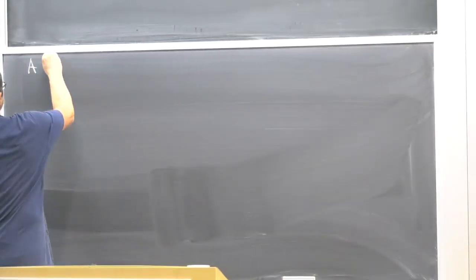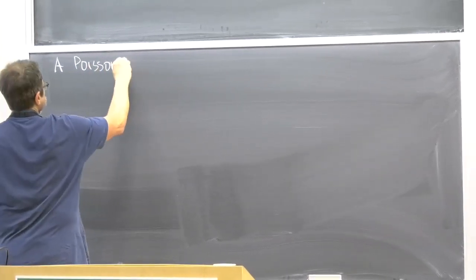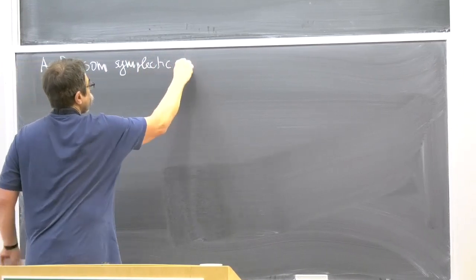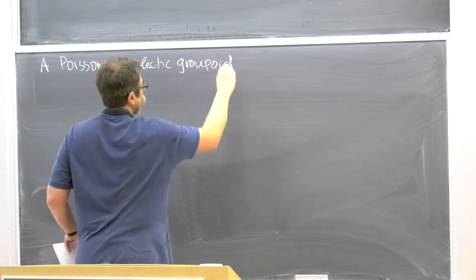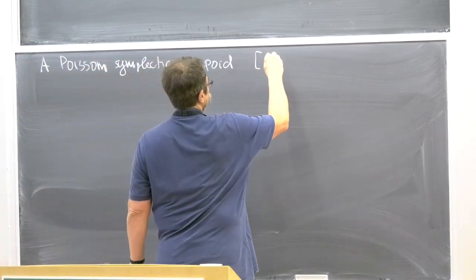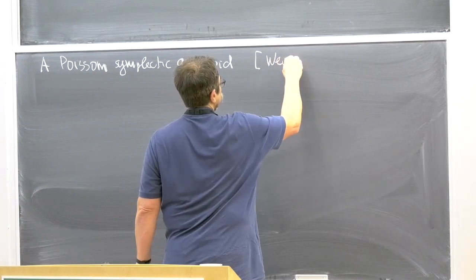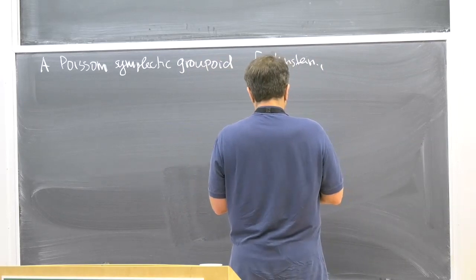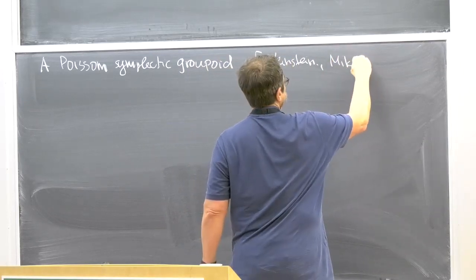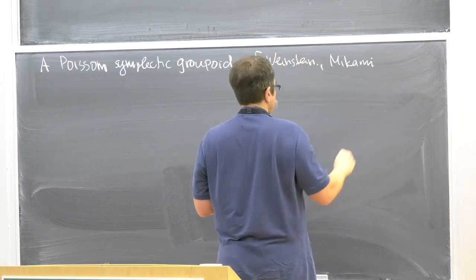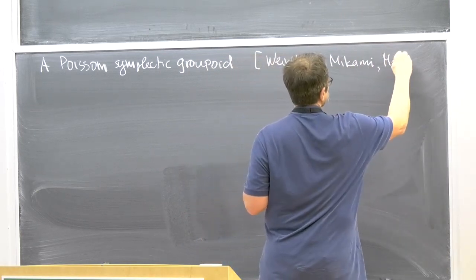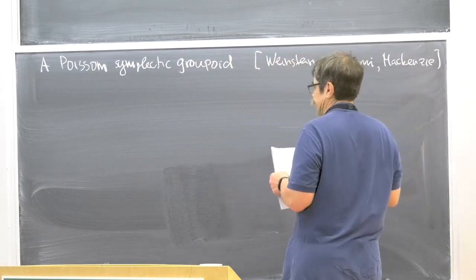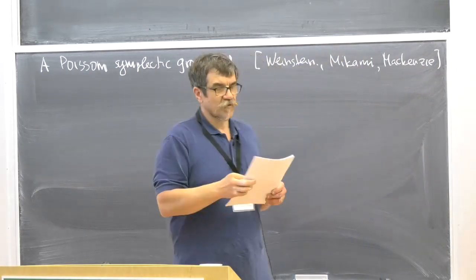So we have a Poisson groupoid, and this is a construction mainly due to Weinstein, Mikami, and in part also Kirill. And it's also quite an old one, so it's the 80s and 90s of the previous century.